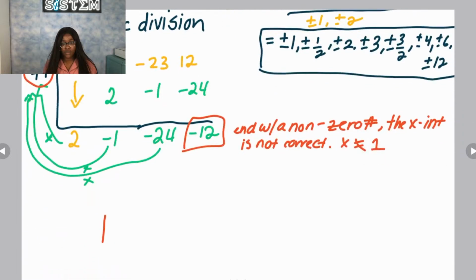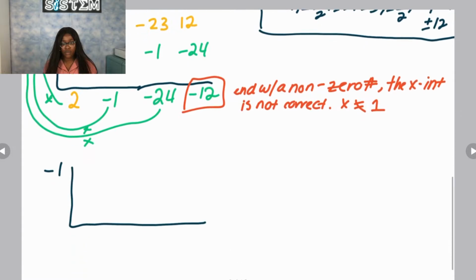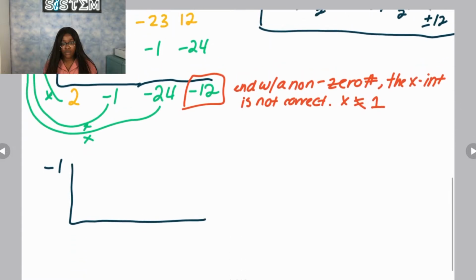Let's try -1. Same process. You put your 2 across, -3, -23, and +12. Bring your 2 down, multiply. 2 times -1 is -2.